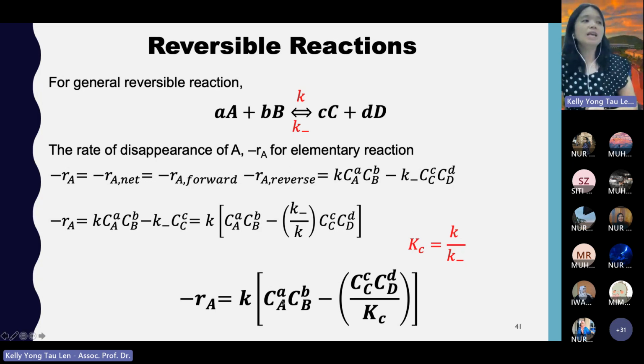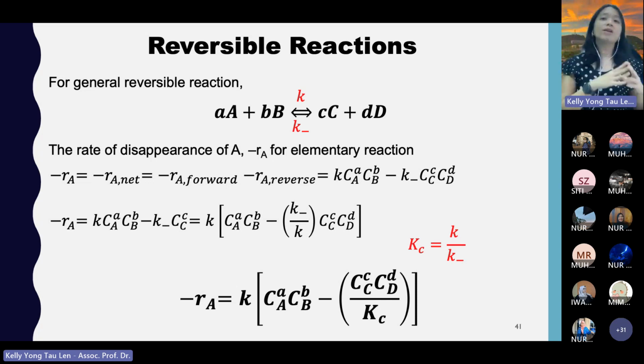Okay, so it become CA, CB power of the stoichiometric coefficient minus K minus the second bracket will be the concentration of your C and D power stoichiometric coefficient divided by Kc. So Kc is equilibrium constant, K is reaction rate constant. So this part you cannot get confused lah daripada information dia. So now we have already found out how to find Kc, the correlation.